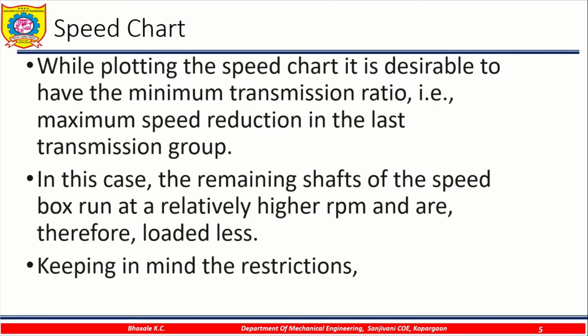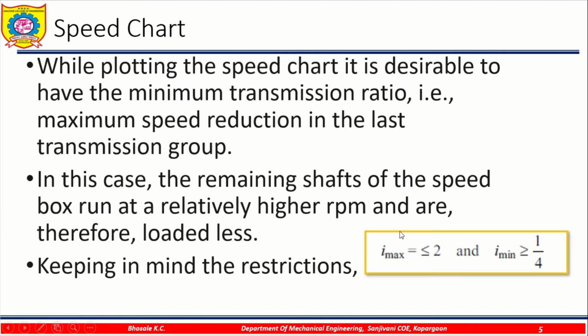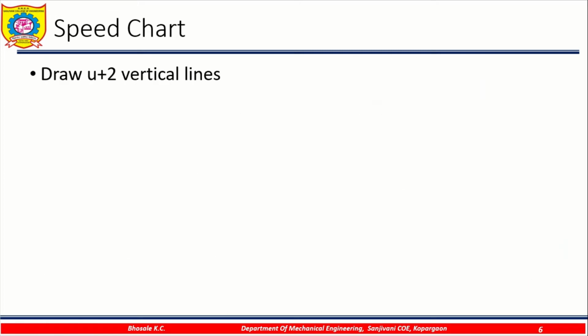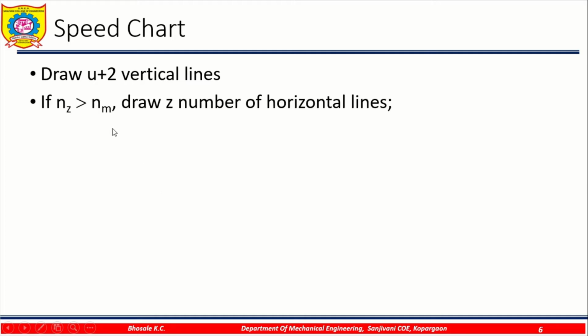Keeping in mind the restriction on i max, when we increase the speed, it should be increased up to 2 times, and if we are decreasing the speed, it should be decreased by 1 by 4 times. So for this case, draw the number of stages plus 2 vertical lines. If Nz is greater than N, the speed of the motor, then draw the Z number of horizontal lines.